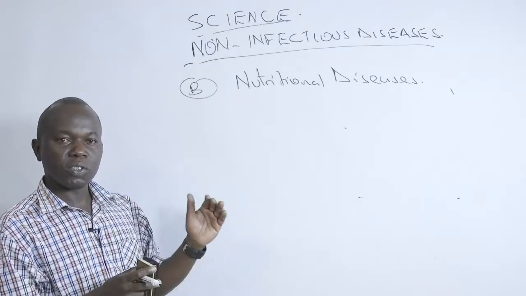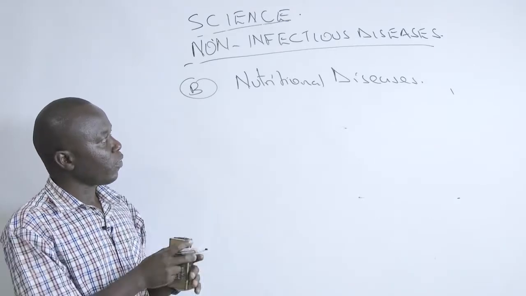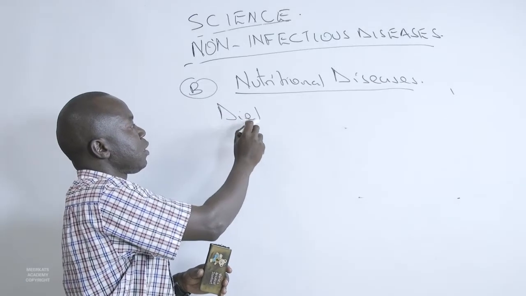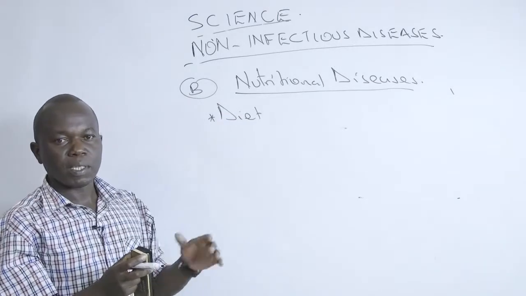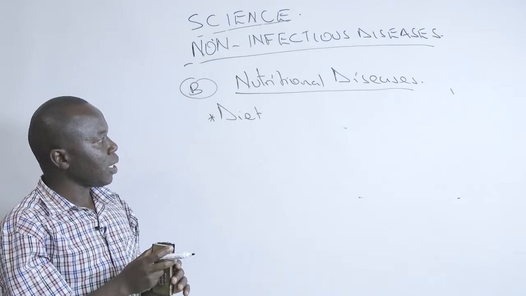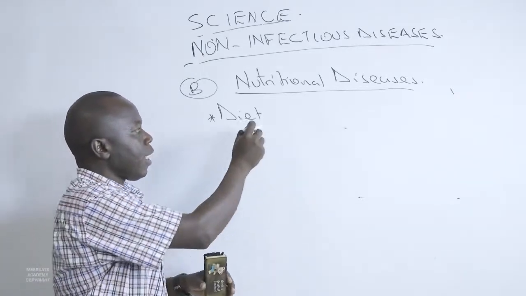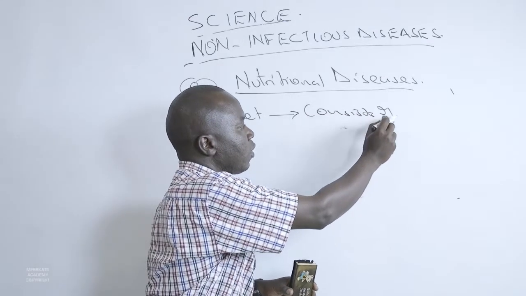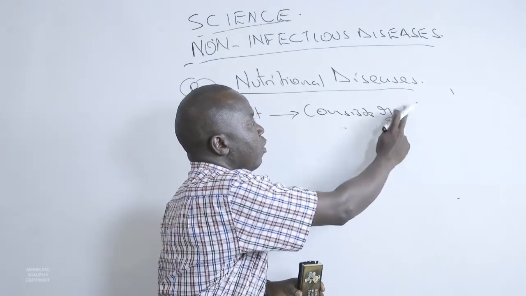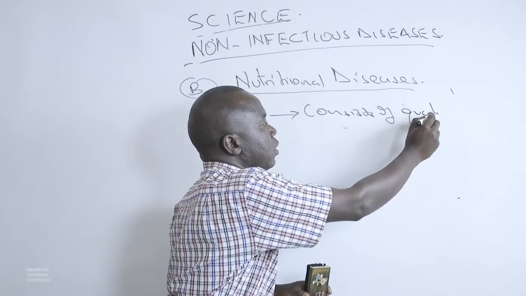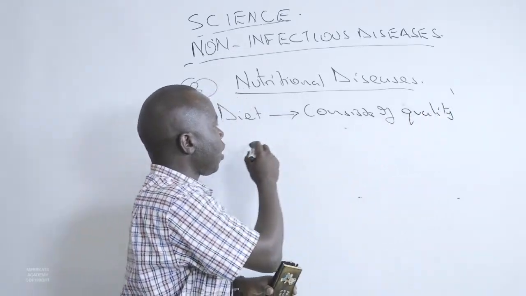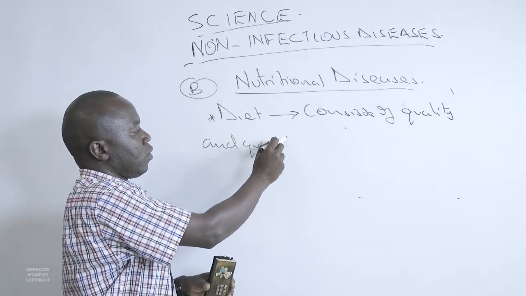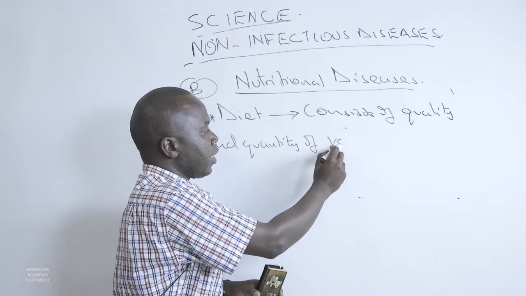So when we talk of nutritional diseases, what we factor in mostly is the diet. So people are supposed to get a balanced diet. And diet consists of both quality and quantity of a variety of foods.